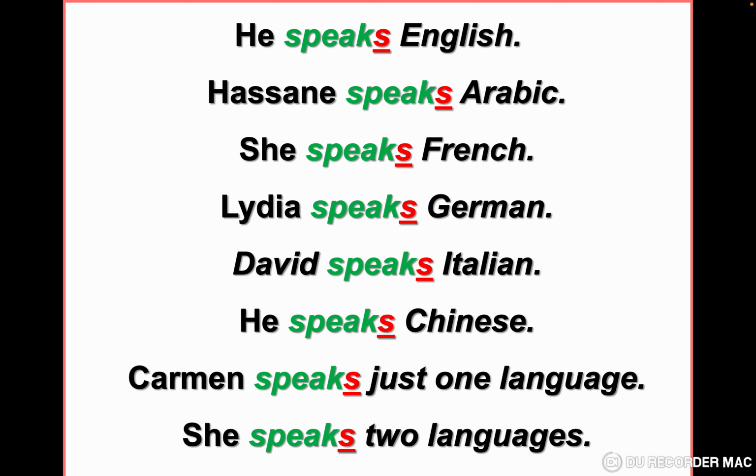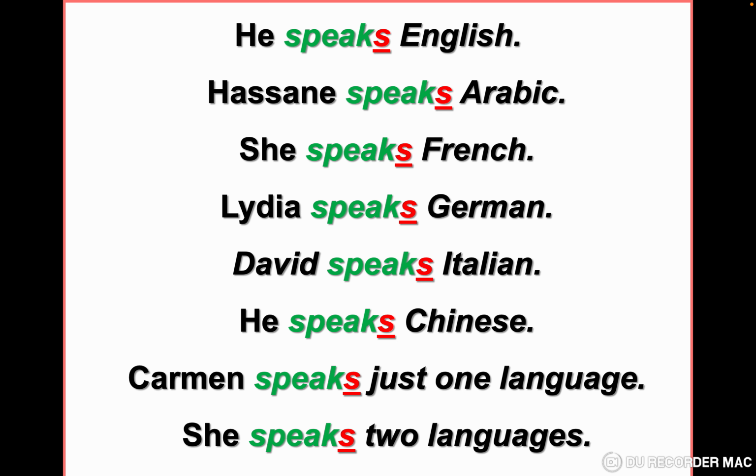You see, when we have he, Hassane, Lydia, she, David or Carmen, we always put an s on the verb. So remember to put an s at the end of the verb in present simple with he, she, it, or a singular noun.